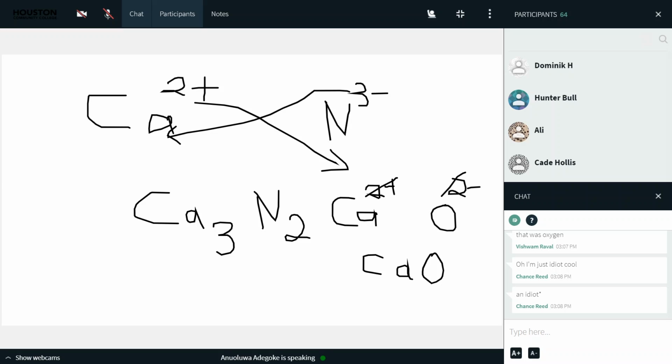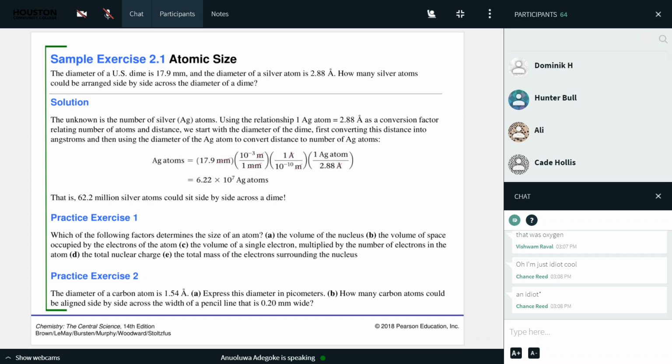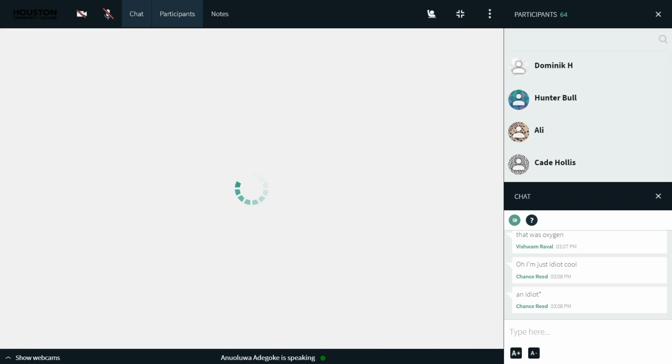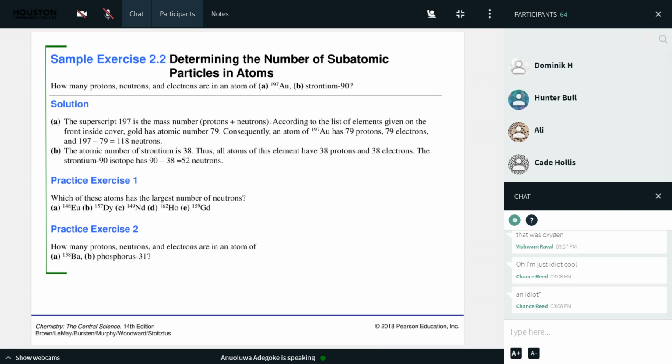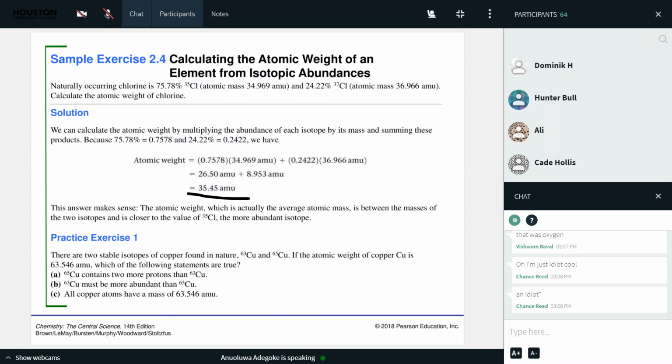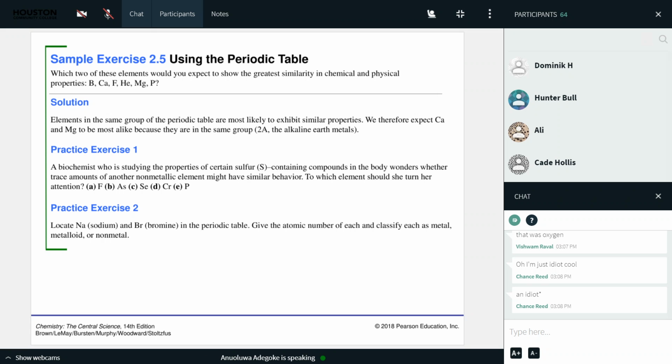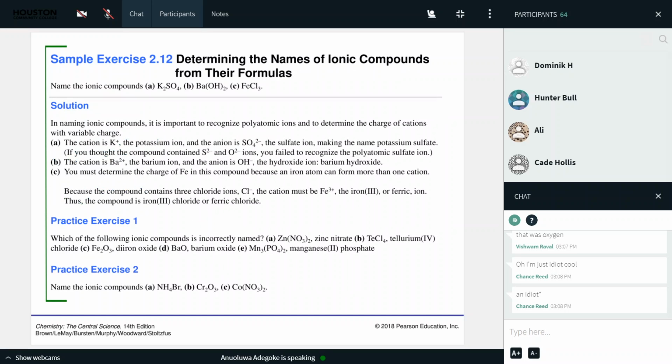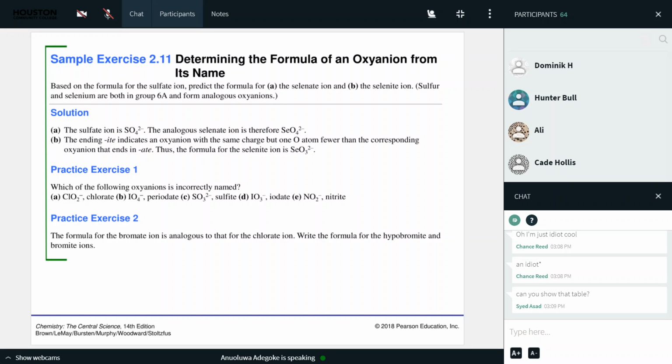Okay, so I think we can go back right now to what we were doing previously. All right, so we talked about the polyatomic ions; that table for the polyatomic ions, you need to remember that one.